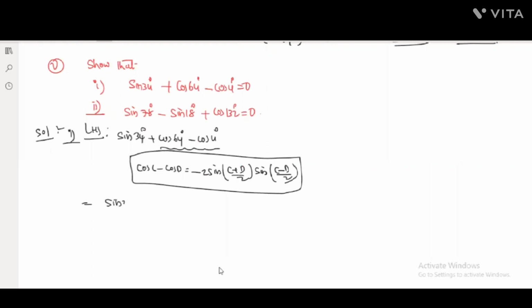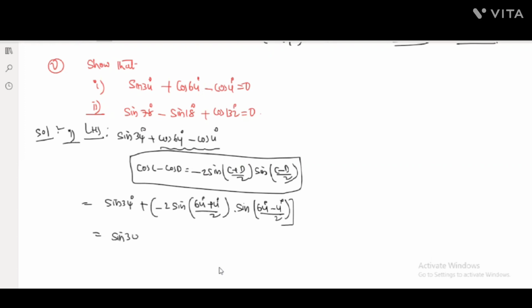So sine 34 will be as usual, plus cos 64 minus cos 4, which is minus 2 sine (C plus D by 2), 64 plus 4 divided by 2, into sine (64 minus 4 divided by 2). So this is the formula.